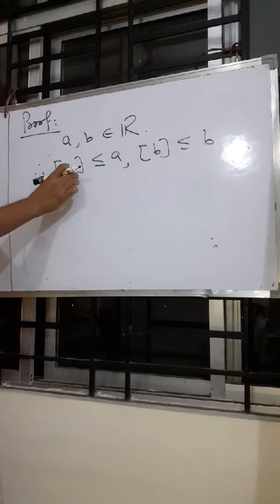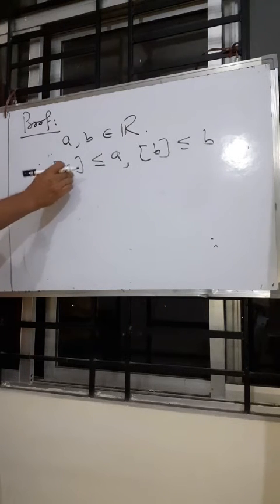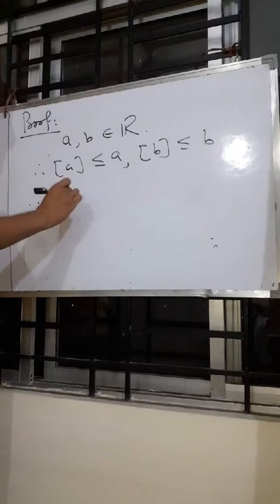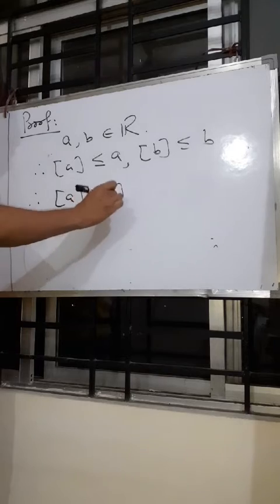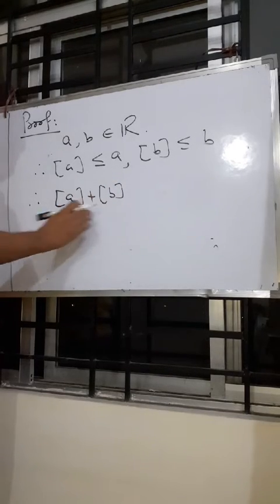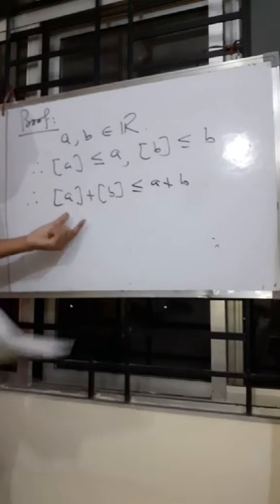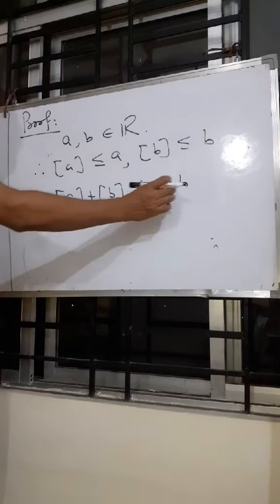Therefore, it is an integer. You see, this is the greatest integer less than or equal to a, so this is an integer. Now this integer plus this integer, their sum is again an integer less than or equal to a plus b. So what do you get? This number is an integer less than or equal to a plus b.